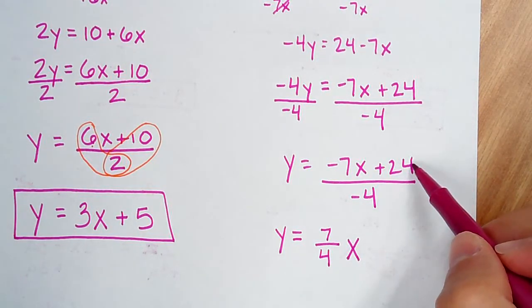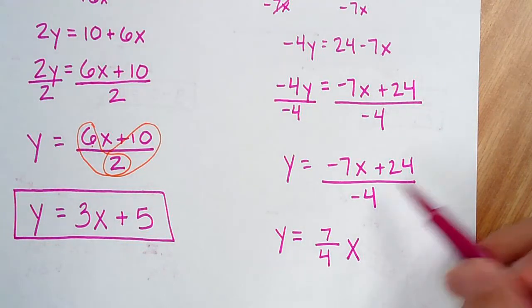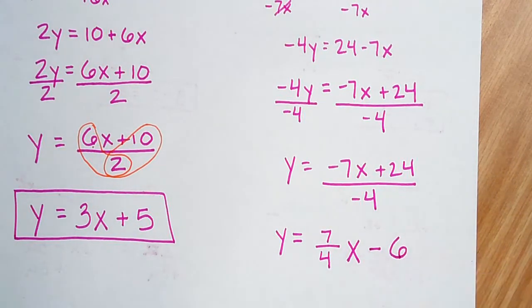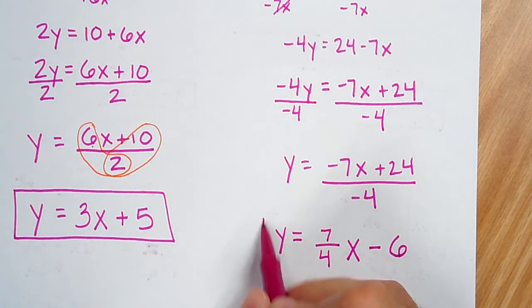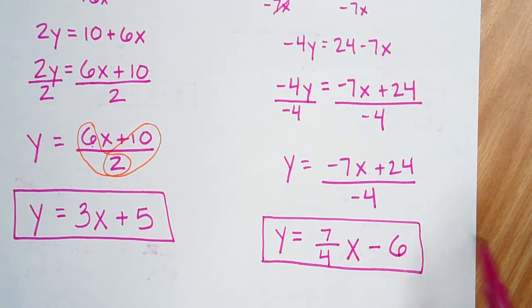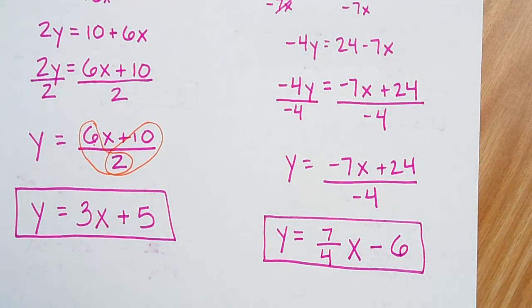Then I have 24 divided by negative 4, which is negative 6, so I leave it as minus 6. And this is how I can convert a formula into solving for y, or a formula equal to y. And that is our first introduction to literal equations.